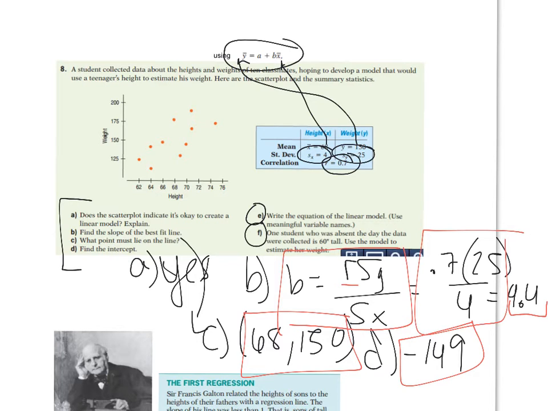So if you write the equation, again, they want you to use meaningful variables, so you'd really say like weight hat equals negative 149 plus 4.4 height. But you could also just use y bar in this case, because they're using the mean, equals negative 149 plus 4.4, and then x bar.